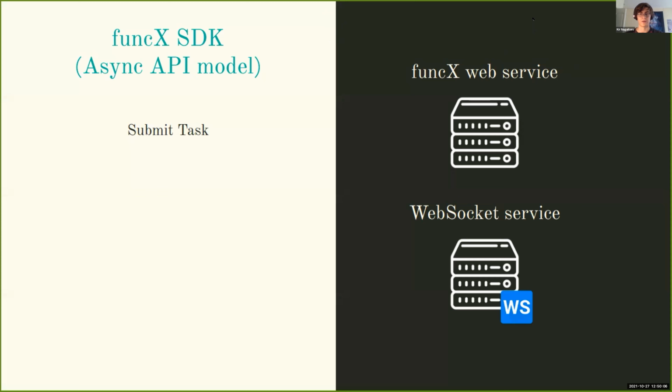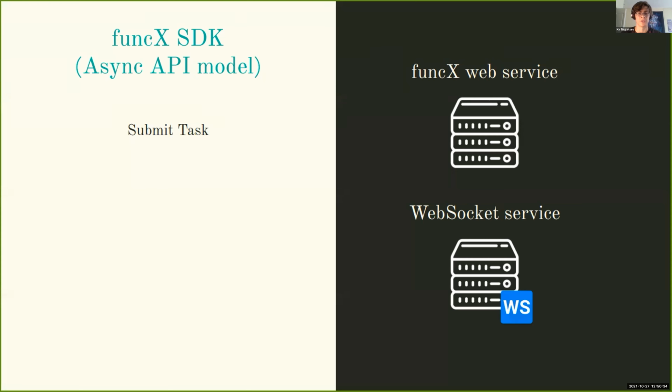So here's our stack on the right, our web services, and on the left, you'll be running your funcX SDK using the async API model. This model introduces the new WebSocket service, and keep in mind that from a user perspective, this functionality will all be wrapped up in a single async run function call, as we will see shortly.